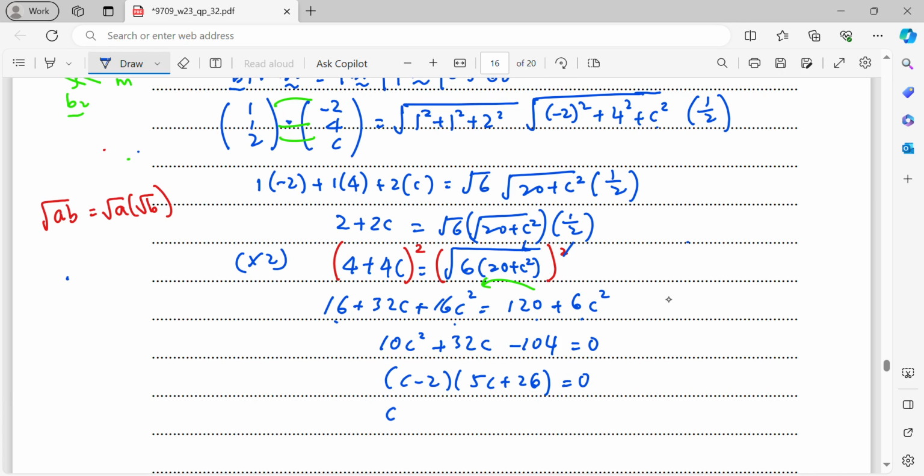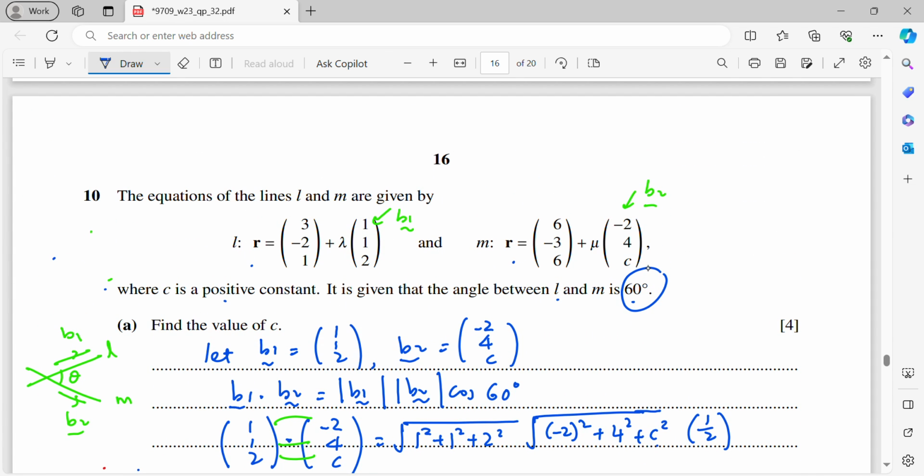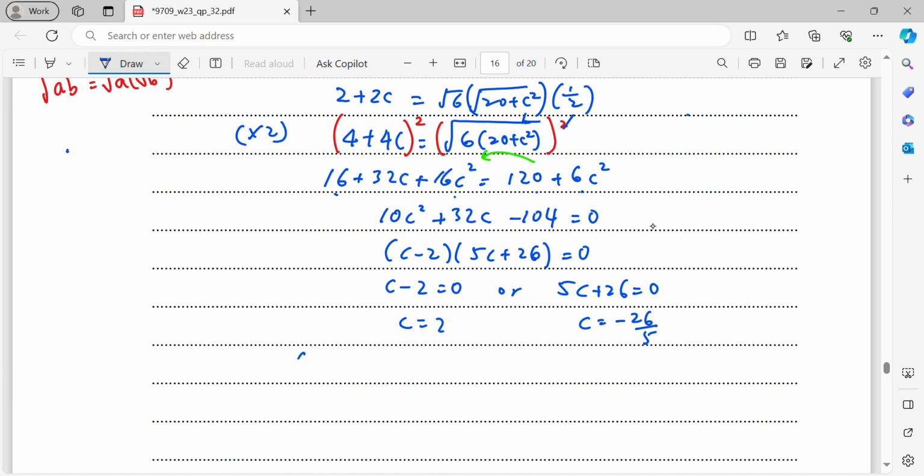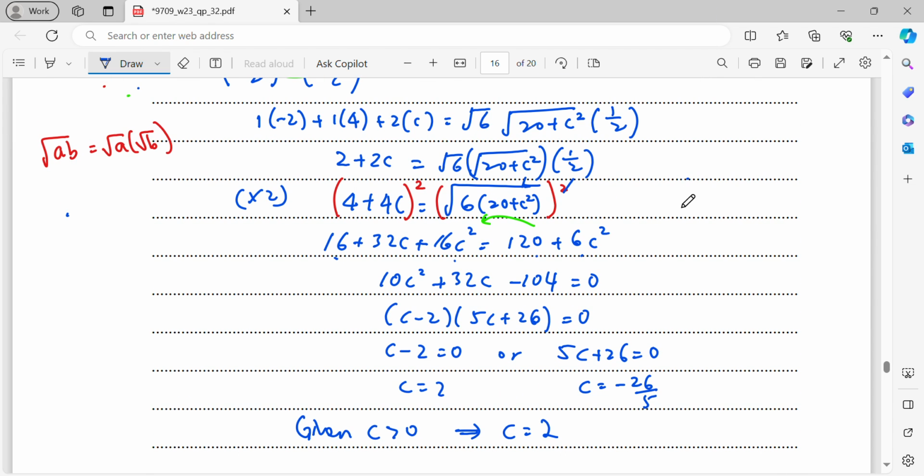That means either C minus 2 equals 0 or 5C plus 26 equals 0. Therefore, your C equals 2 or C equals negative 26 over 5. Now, let's check the question. It's mentioned C is a positive constant. Therefore, your C is just 2. So that's the solution of this part.